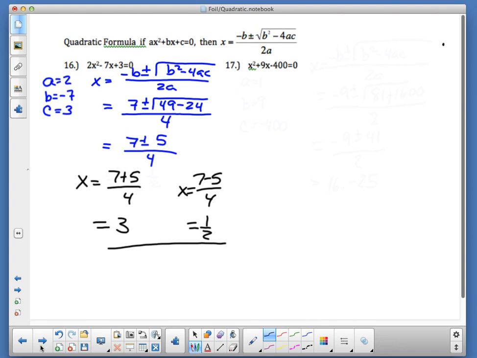Your turn, do 17. Now again, these are factorable. I'm just having you do the quadratic equation to practice. Make sure you show your work.